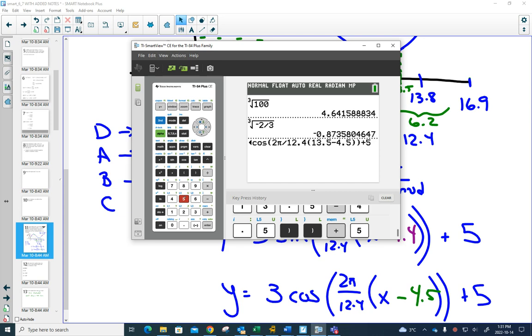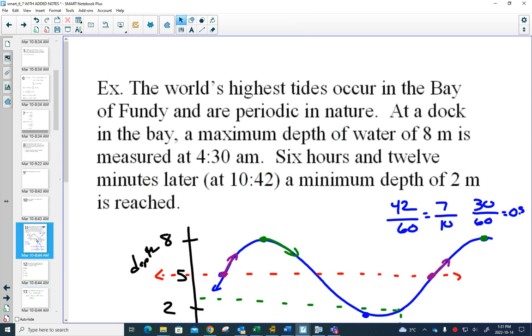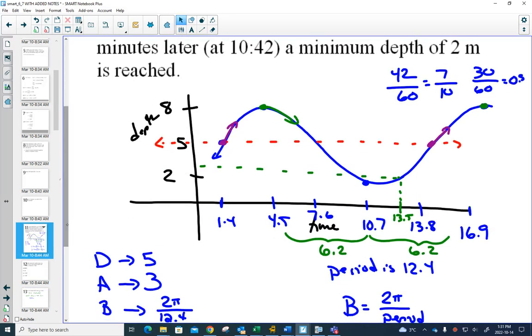If things are really off, then we'll have to decide, did we type something into our calculator wrong, or did we estimate wrong? 4.54. Okay? Technically, that's not too far off my estimate. I guess if we think about it, isn't 13.5 pretty close to 13.8?